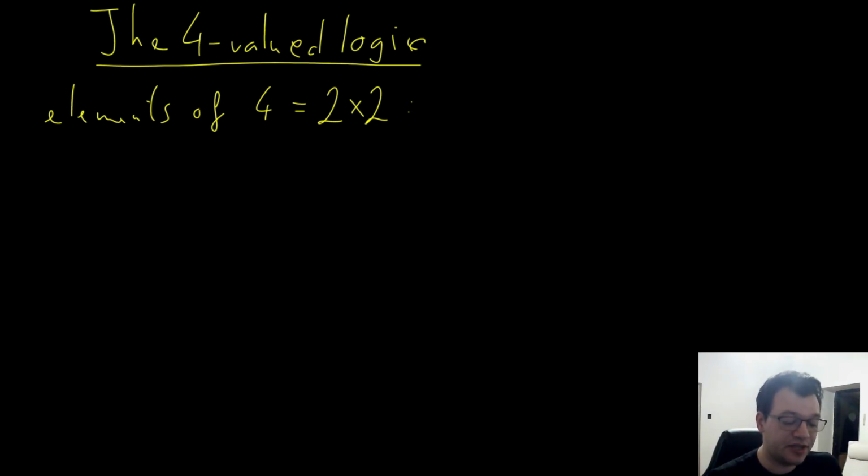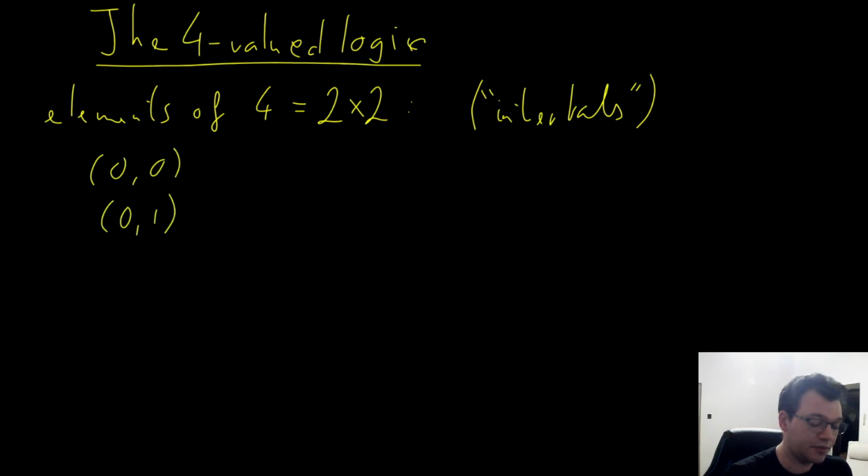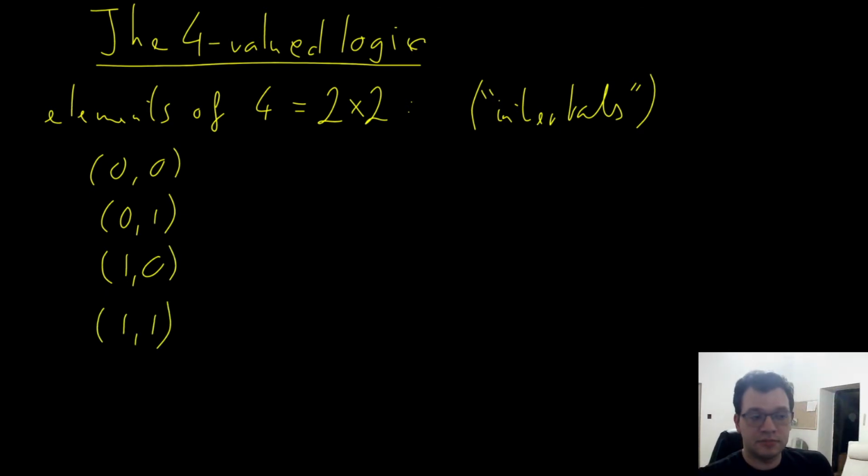Basically, they can be seen as intervals, I will call them intervals. So the elements of the 4-valued logic are 0,0, 0,1, 1,0, and 1,1. Okay, so these will be the truth values we will try to assign to variables.